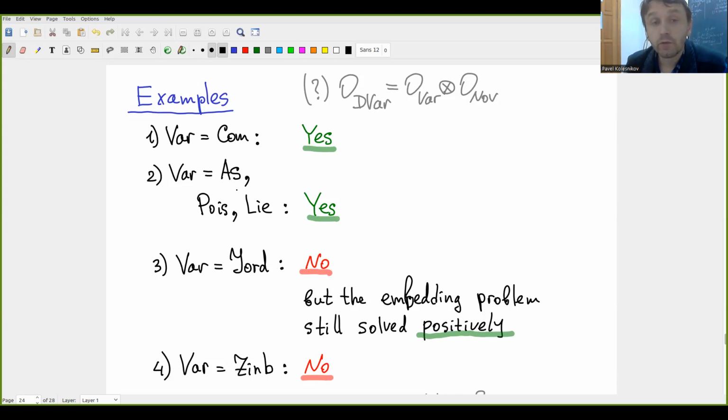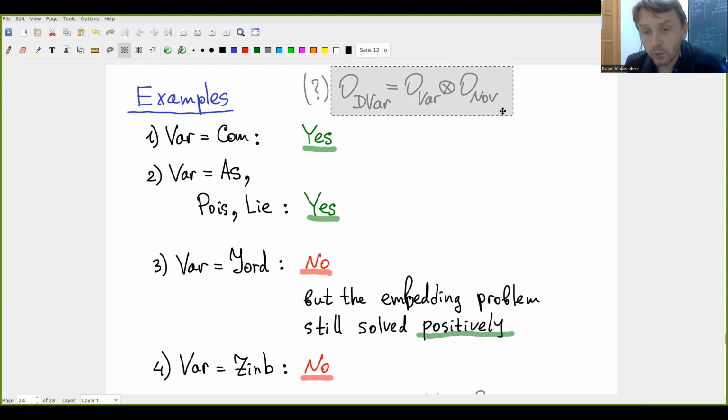For associative, Poisson or Lie algebras, we also have a positive answer. This operad actually coincides with the Hadamard product. But for Jordan algebras, this equation doesn't hold. However, the embedding problem can be solved positively.